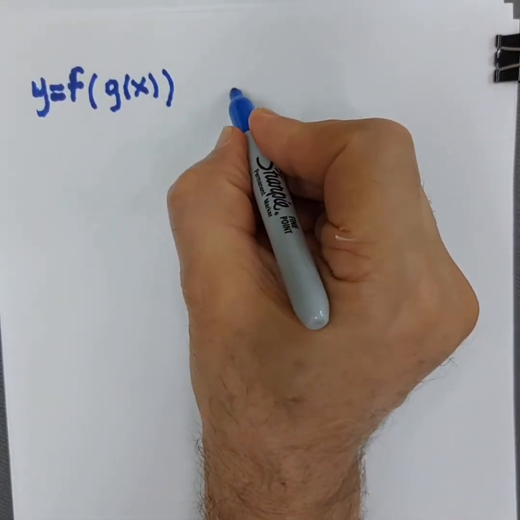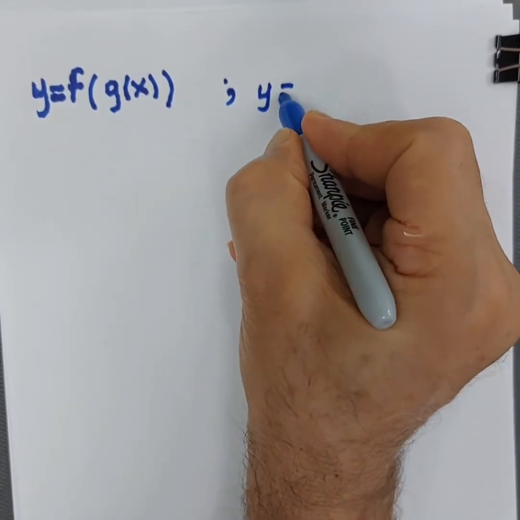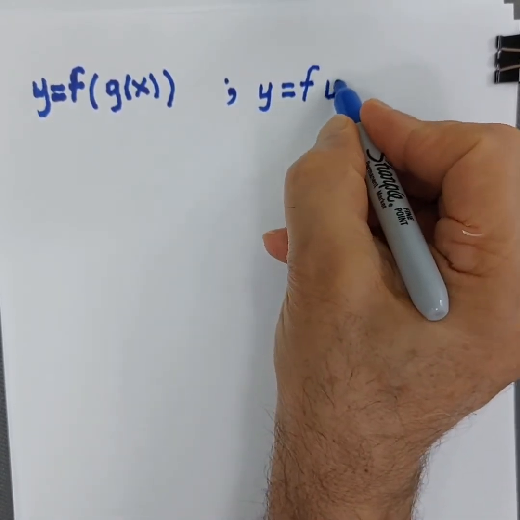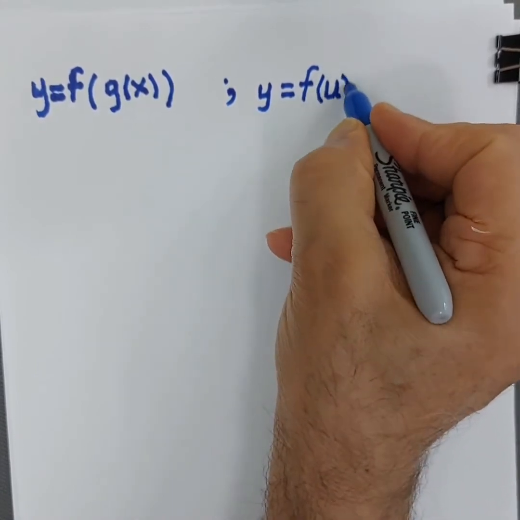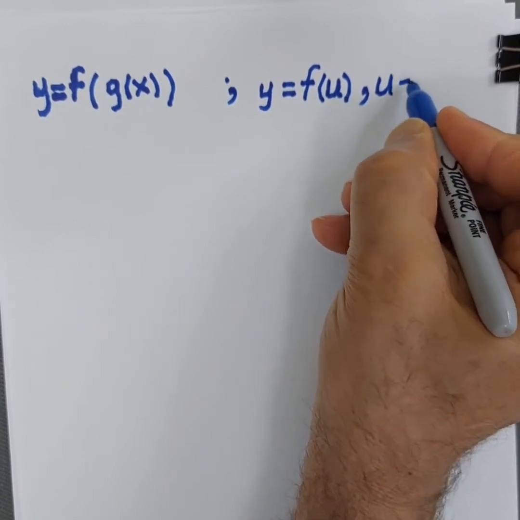Or in a different way, we can say y is a function of, let me say, u, and u is a function of x.